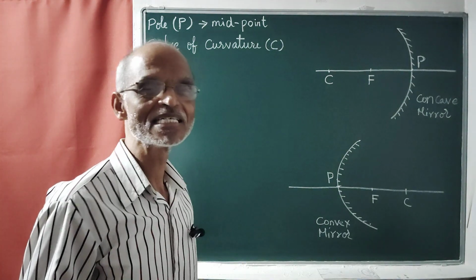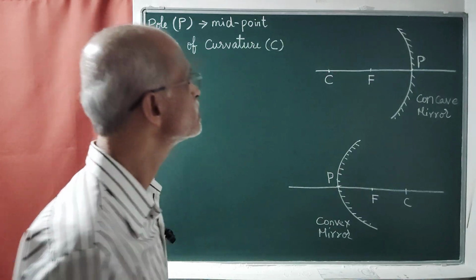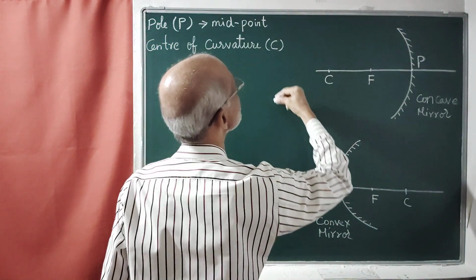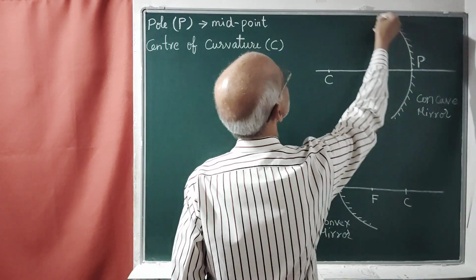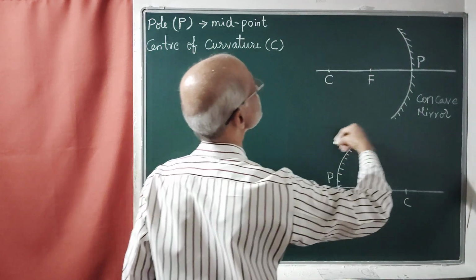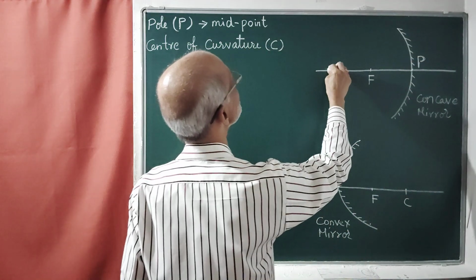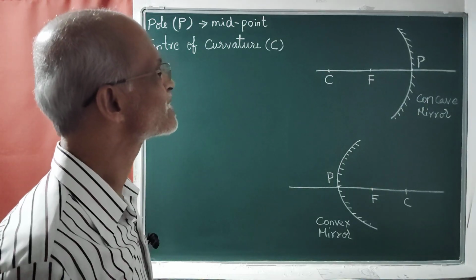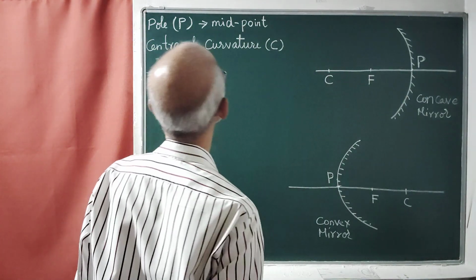It is the center of the sphere of which the mirror is a part. If you draw a circle like this, you get a sphere, and the mirror is a part of the sphere. So C is the center of the sphere of which the mirror is a part. It's called center of curvature.